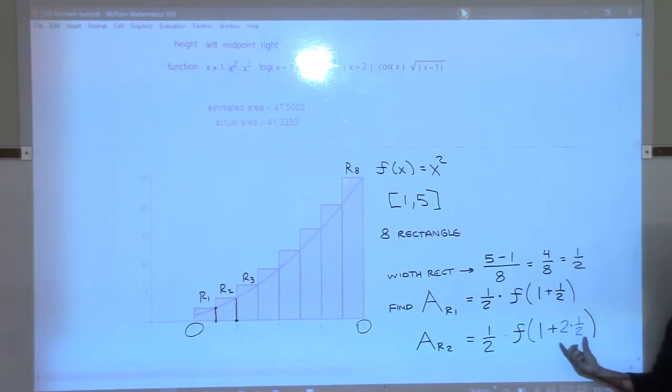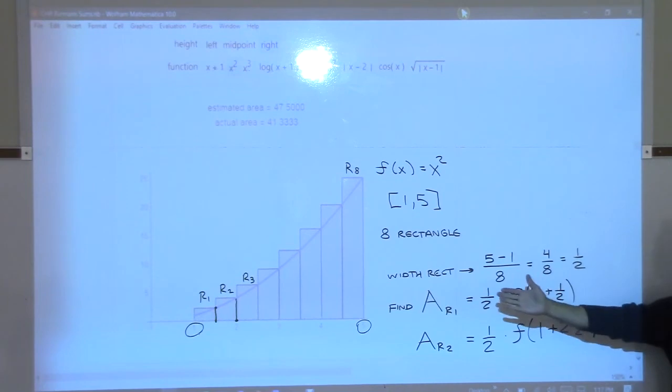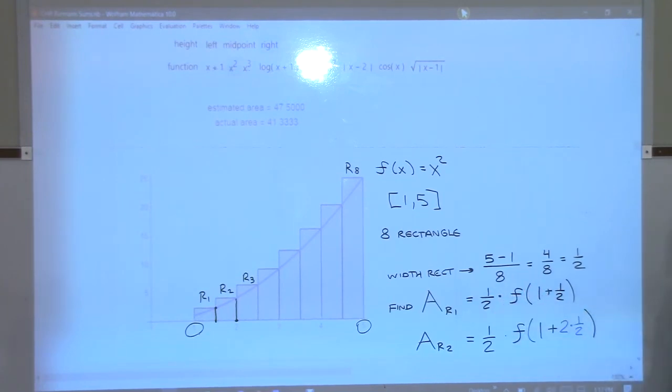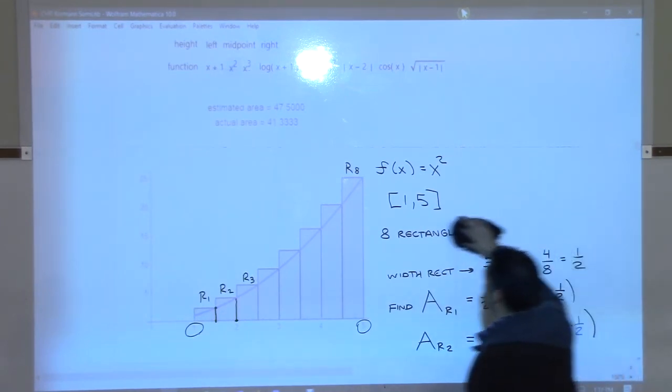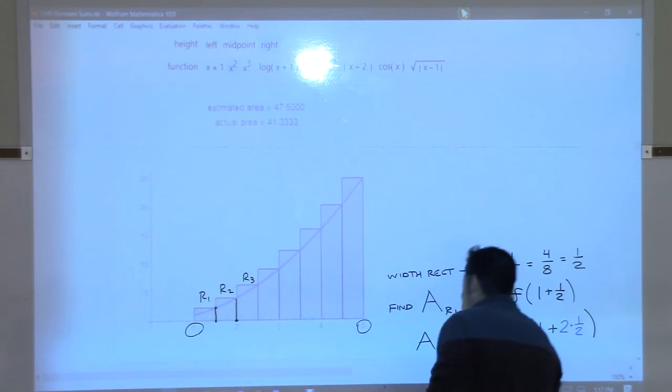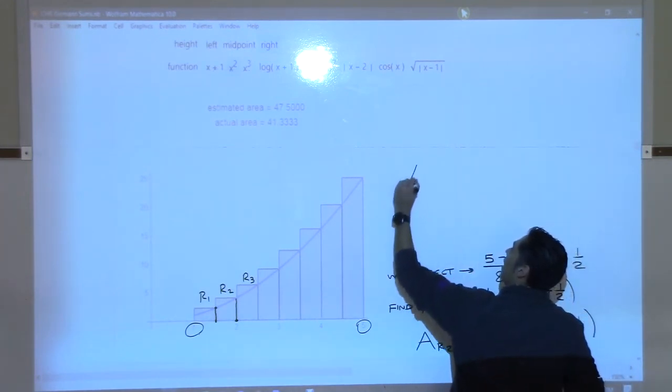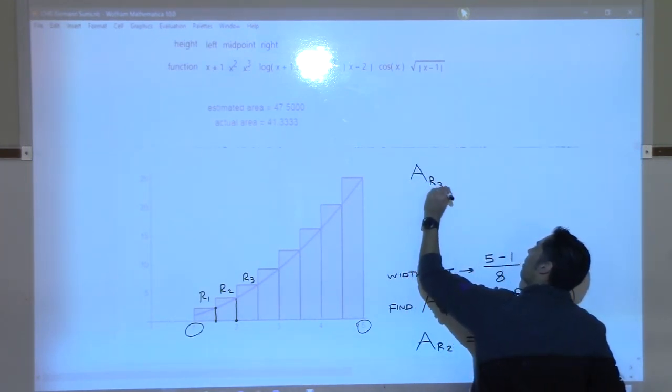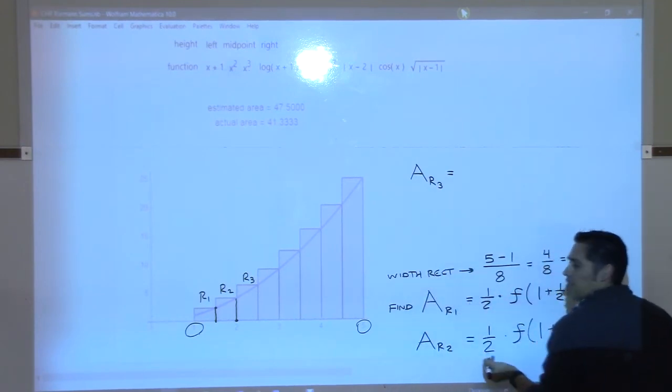Now, if you put this together, what would we get? Half of 2 is 1, and then 1 plus 1 is 2, and that's where we are, right? Okay, let's keep going. Are there any questions at this point? I need to do 8 rectangles this way. So now, what's rectangle 3 look like? Its area. The area of rectangle 3 is equal to, well, we know its width, right? 1/2.